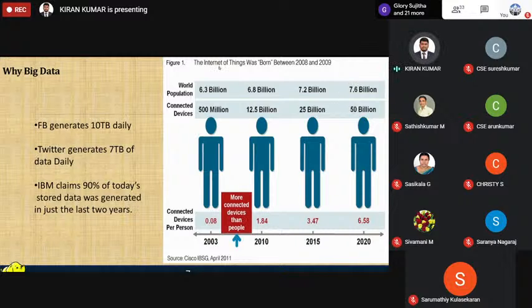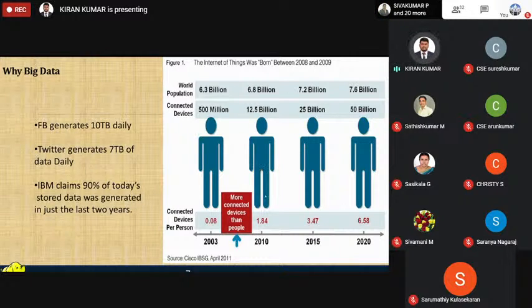As I told, the Internet of Things was born between 2008 and 2009. Before that, in 2003, the world population was 6.3 billion and the total number of connected devices was just 500 million. After the birth of IoT, in the year 2010, the population was 6.8 billion, but see the growth in devices: 12.5 billion.